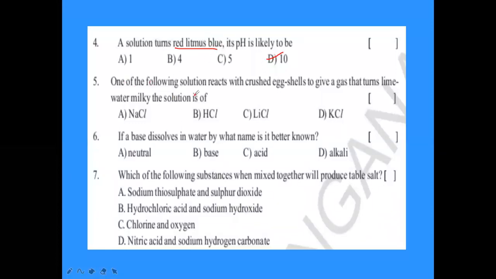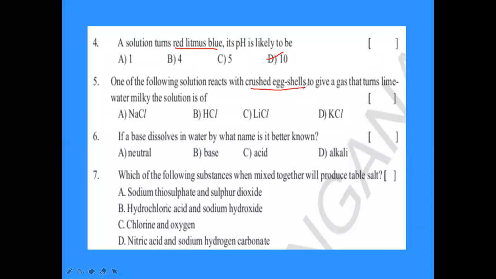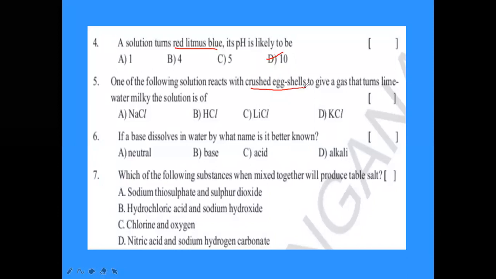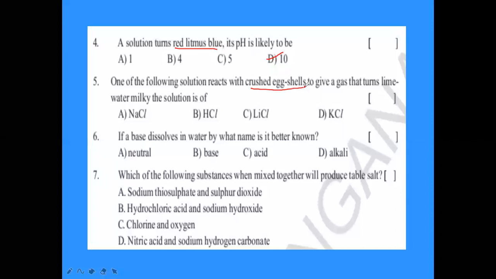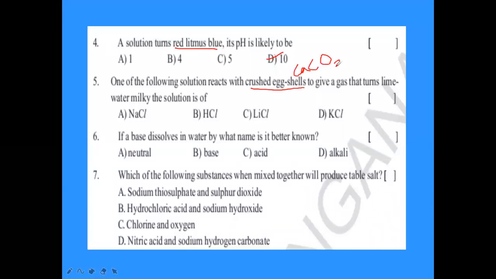Next, one of the following solutions reacts with crushed eggshells to give a gas that turns lime water milky. In a boiled egg, what will be above it? A hard shell will be there. The hard shell contains CaCO3, calcium carbonate. So the crushed eggshells will contain calcium carbonate.